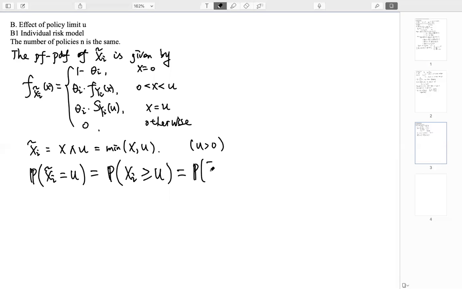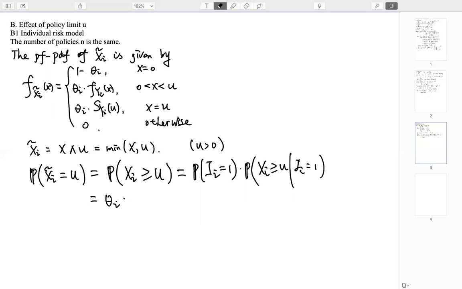I will need my big I to be 1 because I want something to happen. Right now I want the probability of the loss to be bigger than the policy limit u. Of course, something needs to happen first. And then I need this, which is obviously theta I. And once my big I is 1, my Xi is the same as Y. I need my Y to be bigger than u.